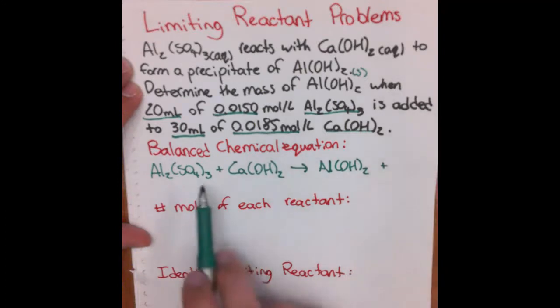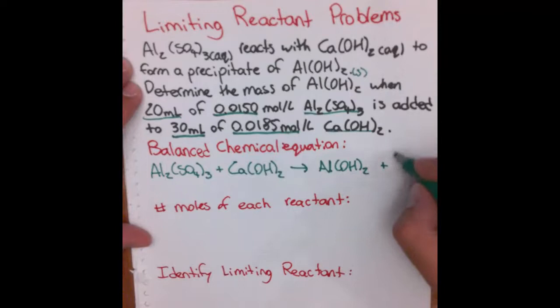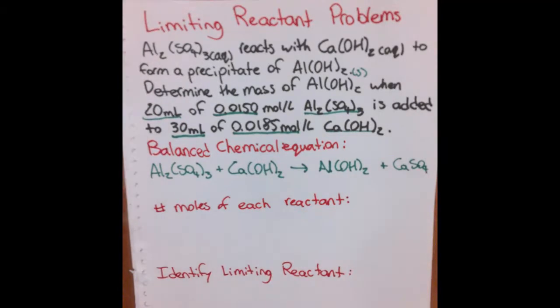And if aluminum hydroxide is produced, it will also create calcium sulfate, which is just CaSO4 because they're both going to have a charge of +2.